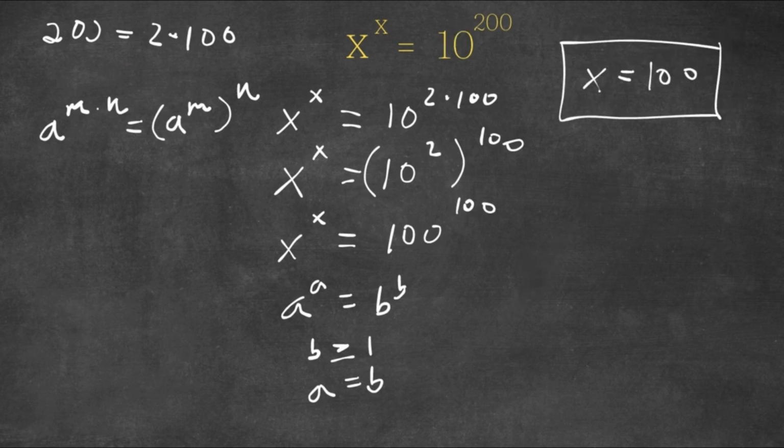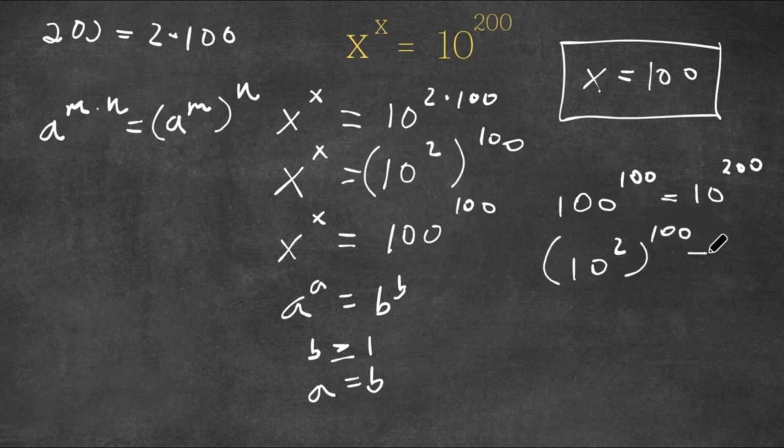Now, I'm going to go ahead and plug this in and see if it's right. So we have 100 to the power of 100 is equal to 10 to the power of 200. Now, 100 is the same thing as 10 squared, right? So now I have 10 squared to the power of 100 is equal to 10 to the power of 200.